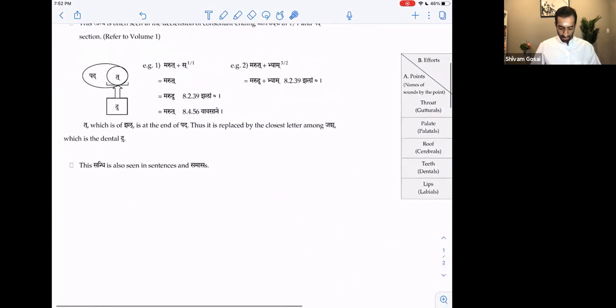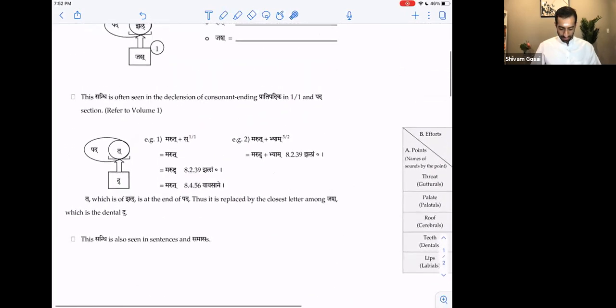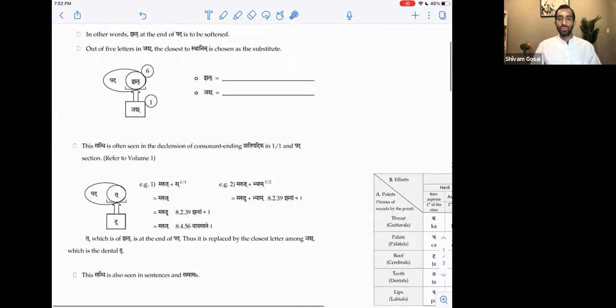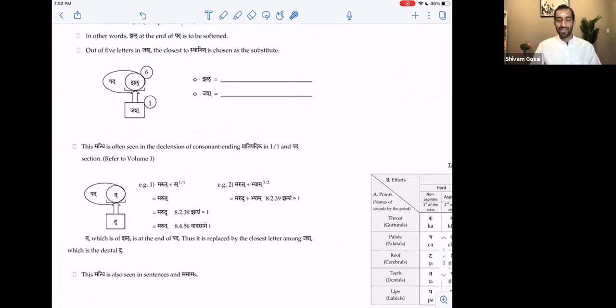All right, let me pull this up. Now, the rule itself is a bit complex, so I'll show you the rule first as it is, and then I'll show you the simplified version. So don't get too scared, first of all.